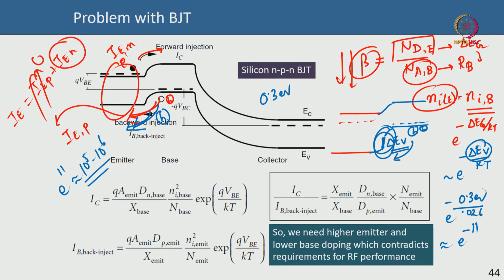That is amazing. If your base back injected current is suppressed, that means the forward injected current is a million times higher than the back injected current. That means for all practical purposes your emitter current consists of 100% of the forward injected current and almost 0% of the back injected current.